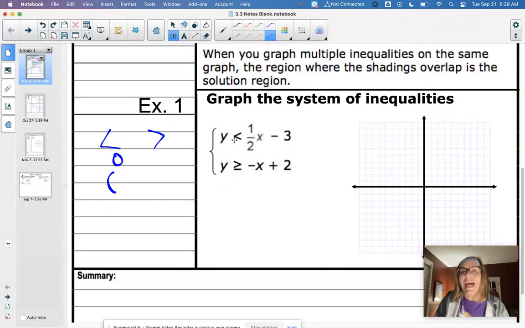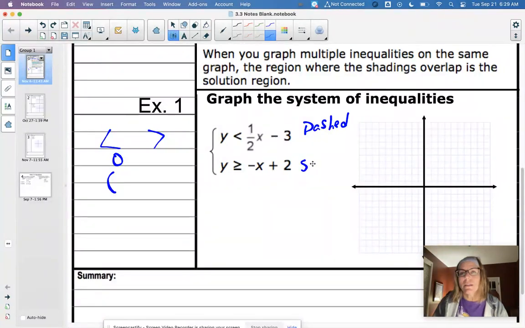Well, when we're dealing with lines, that means that this first line will be a dashed line, meaning the solution is everything greater than that line, not on it, not including it.